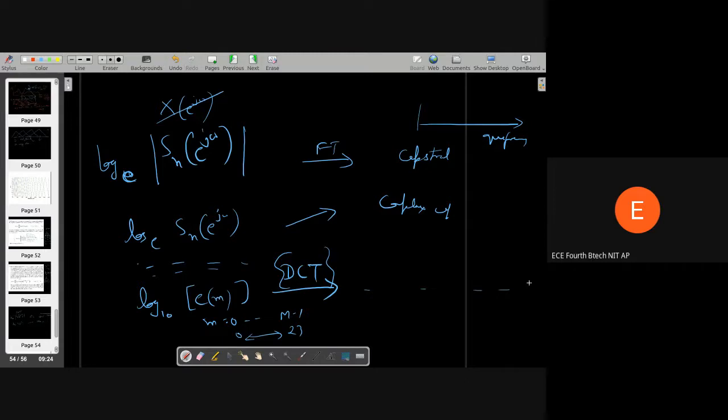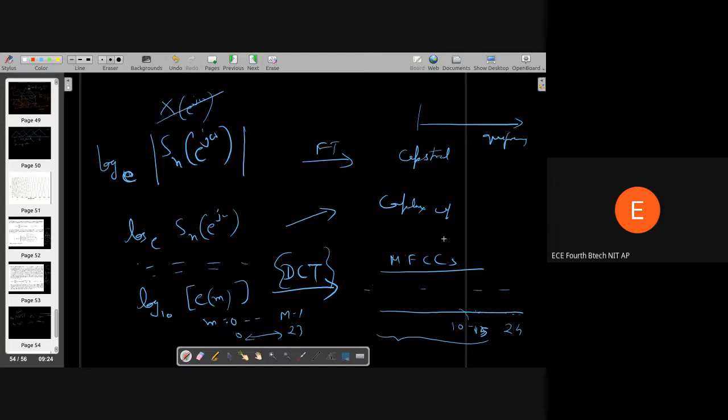That is the idea. So we take the DCT, and whatever coefficients we get are called the Mel frequency cepstral coefficients. We will get 24 coefficients, but we will see that after 10 to 13 coefficients, the rest are almost zero, so we generally neglect them. The first 10 to maximum 15 coefficients we keep, and the rest we discard.